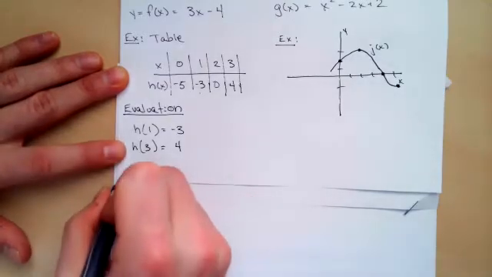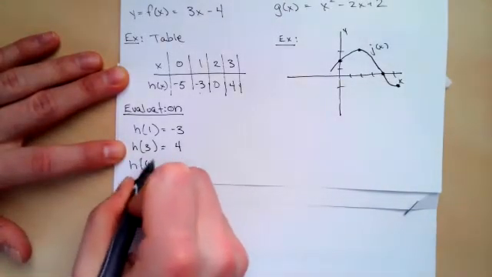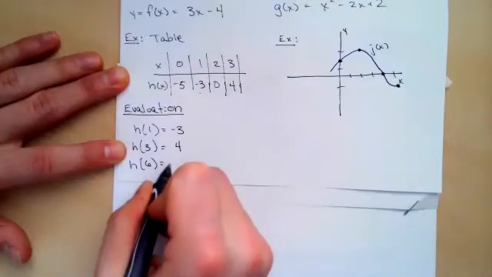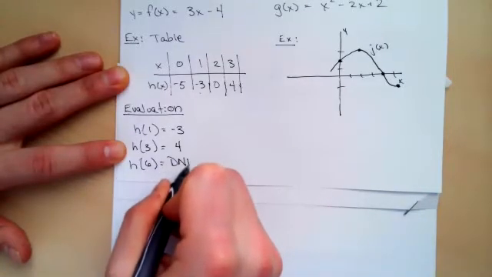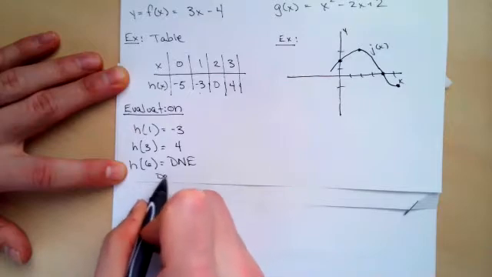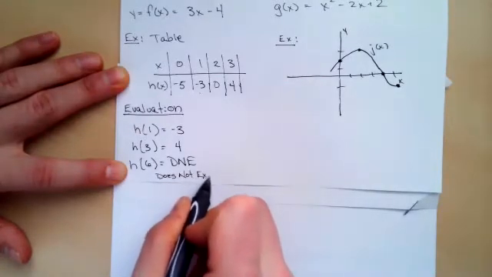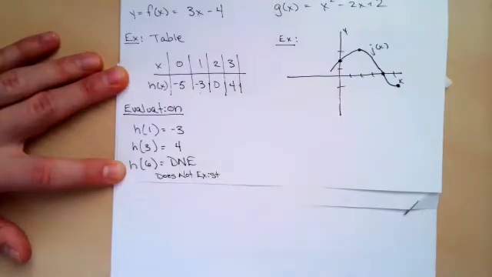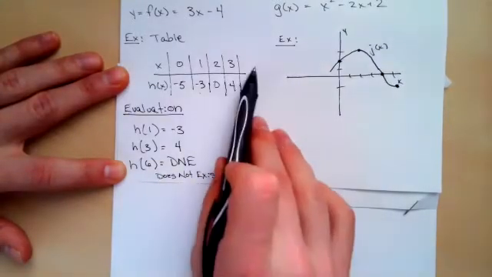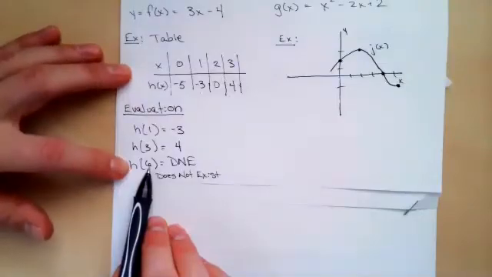And if we say something that's not given, if I say, what is h of 6? We often write DNE, which stands for does not exist, since we are not given any information about what happens if the x variable is 6.